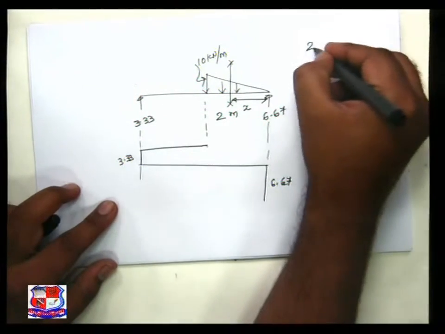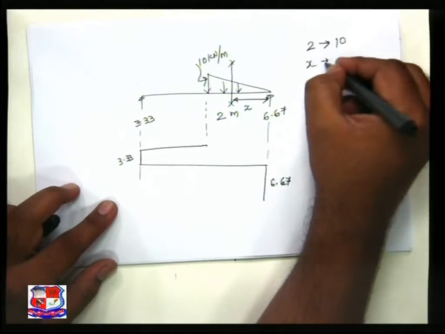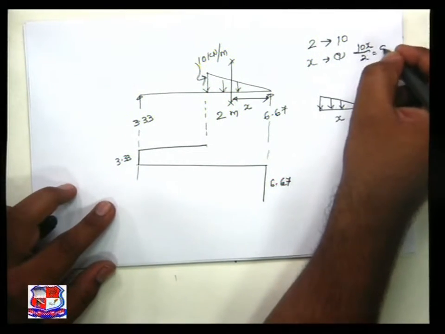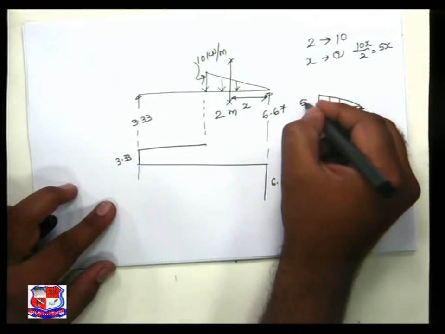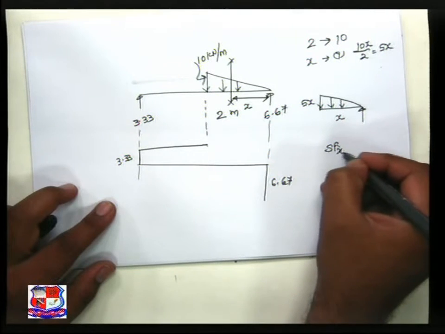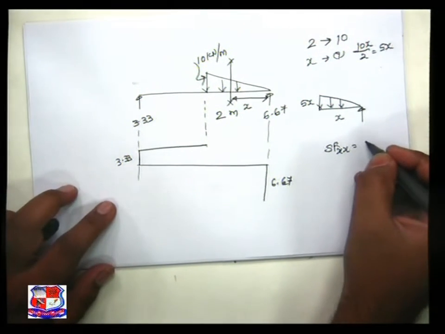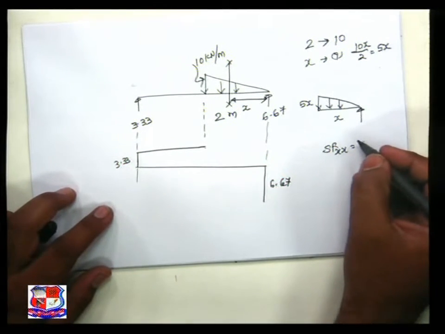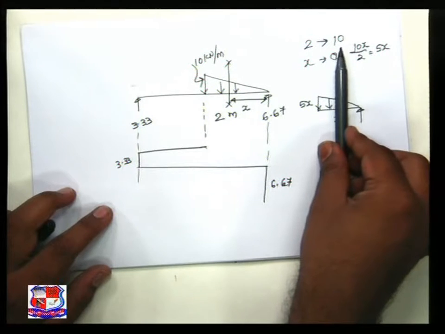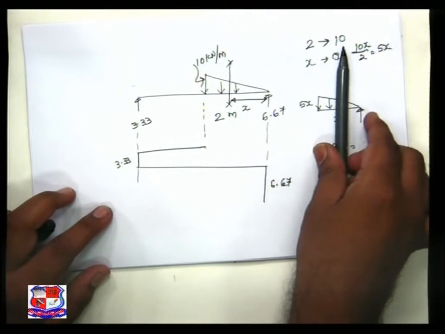So for 2 meter, if this vertical ordinate is 10, for X it is how much? It is 10x by 2, which is equal to 5x. So this ordinate is 5x. So shear force at XX is equal to, note down very interestingly, if I take a section, then this side is left side, this side is right side.